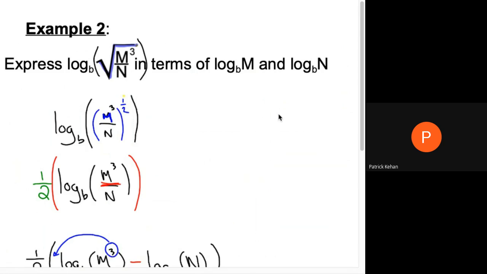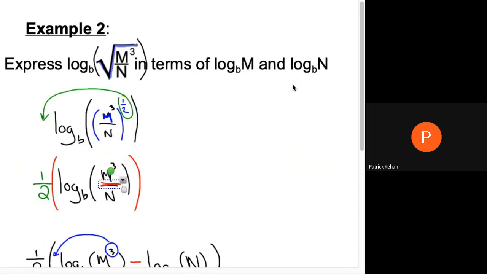So we reverse that order. First thing I'm going to do is take 1/2 and push it out as a coefficient. Now I have 1/2 times log base b of m cubed divided by n. Again, reversing the order of operations, we would cube m first and then divide by n. So the last thing we did is divide by n. That's the first thing we're going to do when we expand this grouping further.